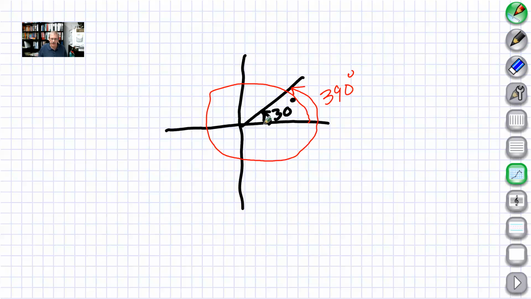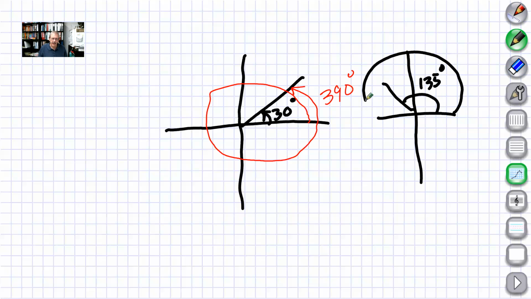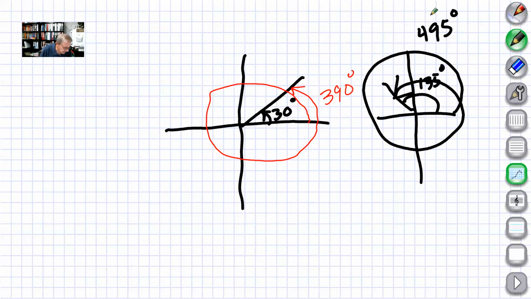Likewise, maybe we have an angle right here, over here. Let's say this angle right here is 135 degrees. We could go all the way around again and come back there and have another angle, 495 degrees. So we can have large angles, but usually when we're describing an angle, we want the smallest positive angle.